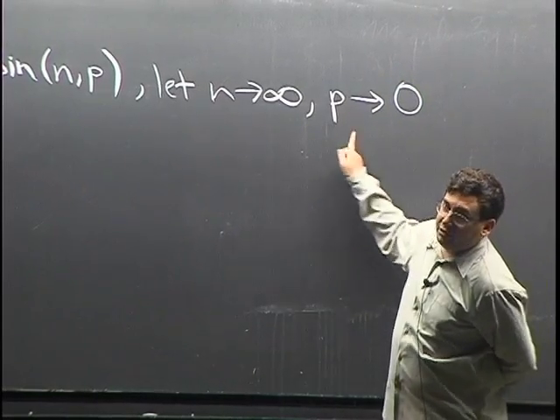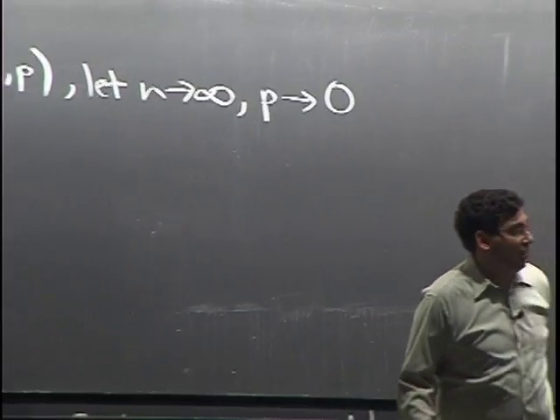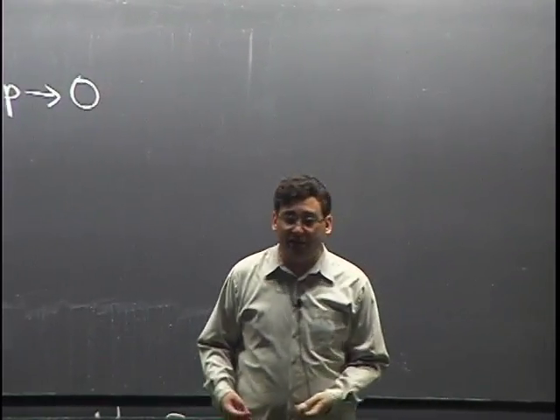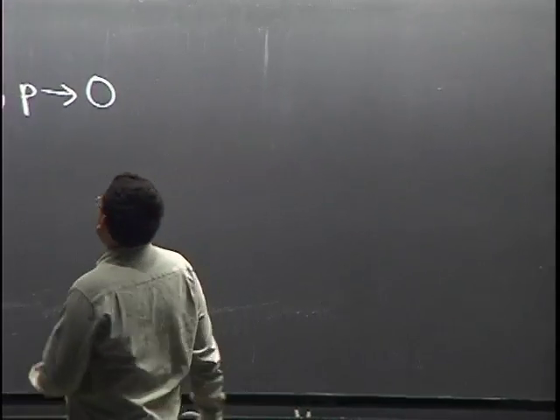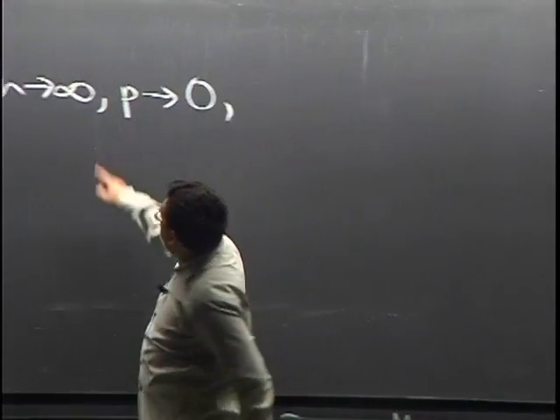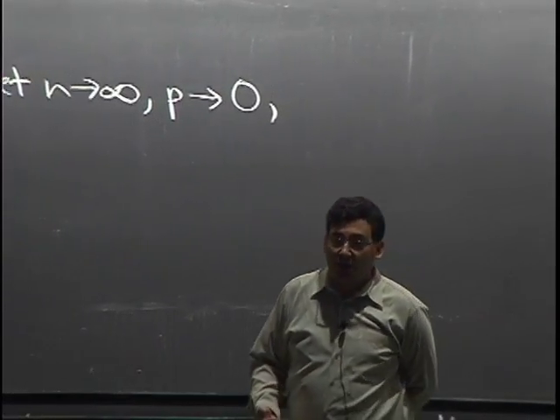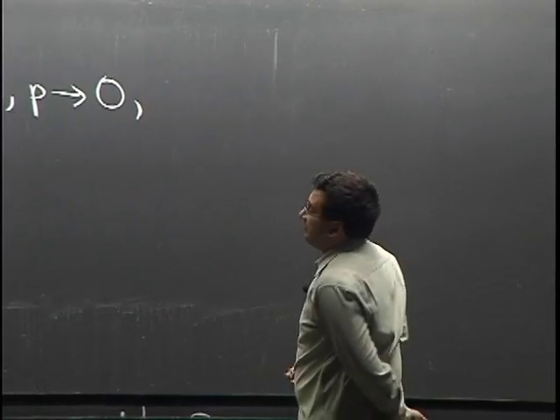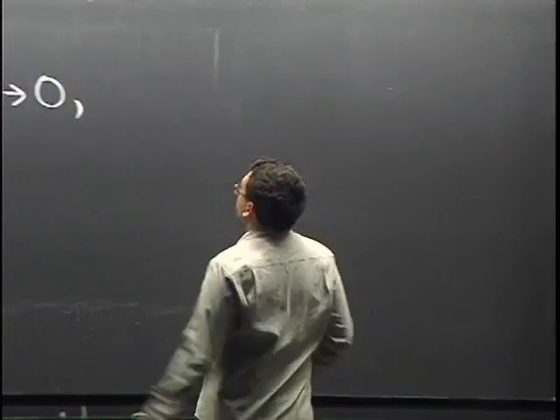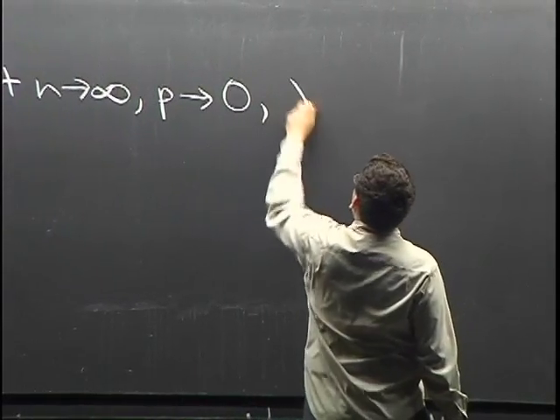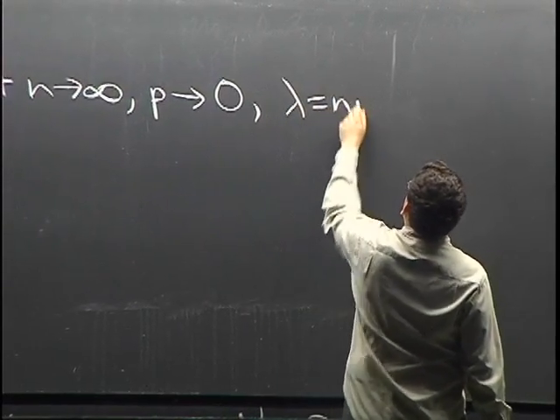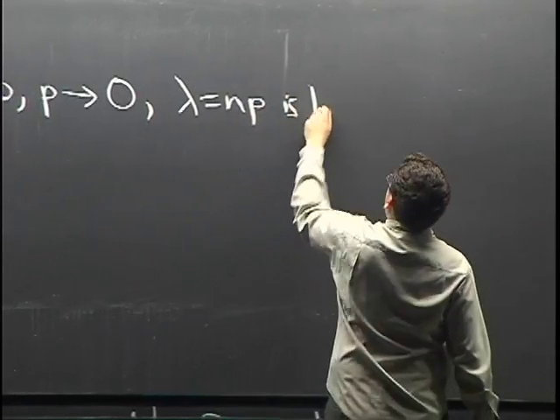We're taking two limits here. That's the way to do something that's mathematically precise. And in general, this could happen at different rates that we'd have to deal with. But the case we're most interested in right now is where the product, let's call it lambda equals np, is held constant.